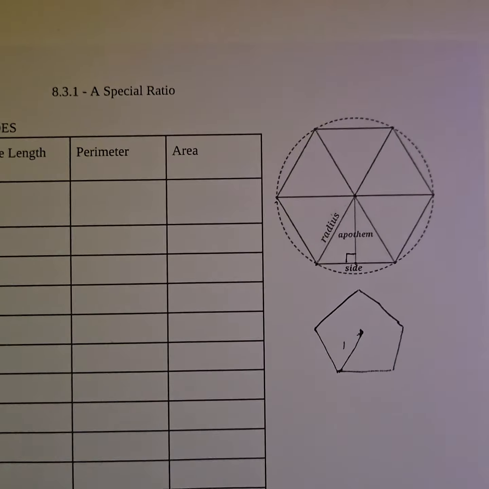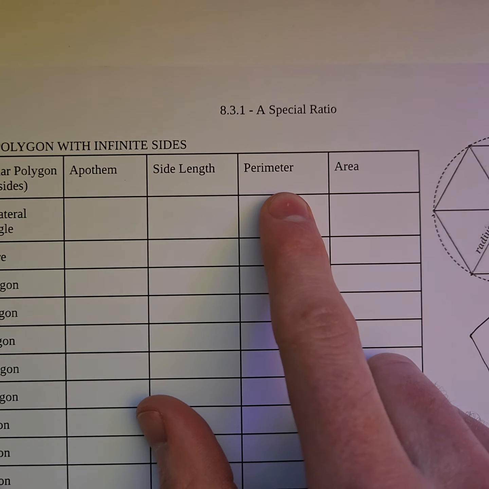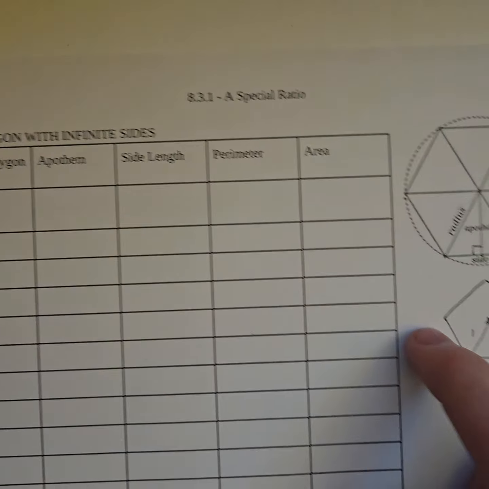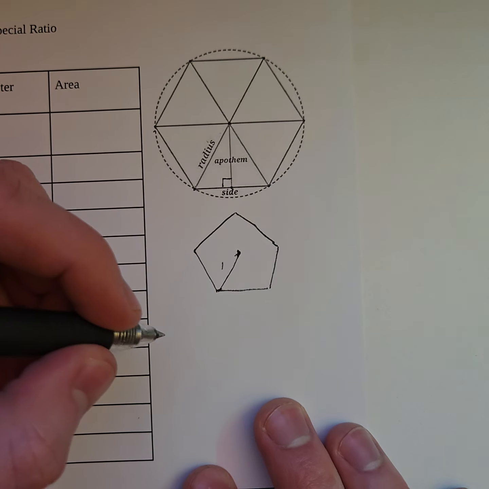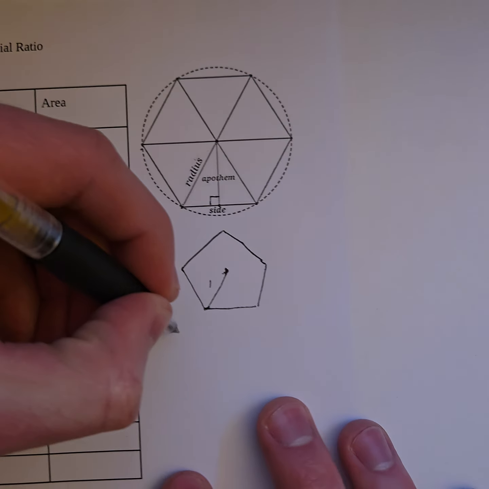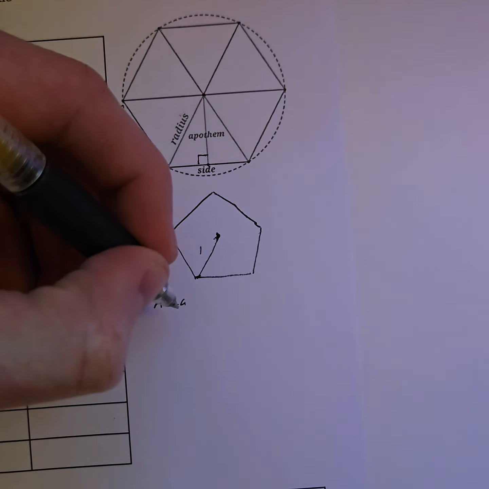Okay, so let's review. We know what perimeter is. That's just all your sides added up, and we know what area is. Our formula for the area of a regular polygon, let's write that down off to the side here.